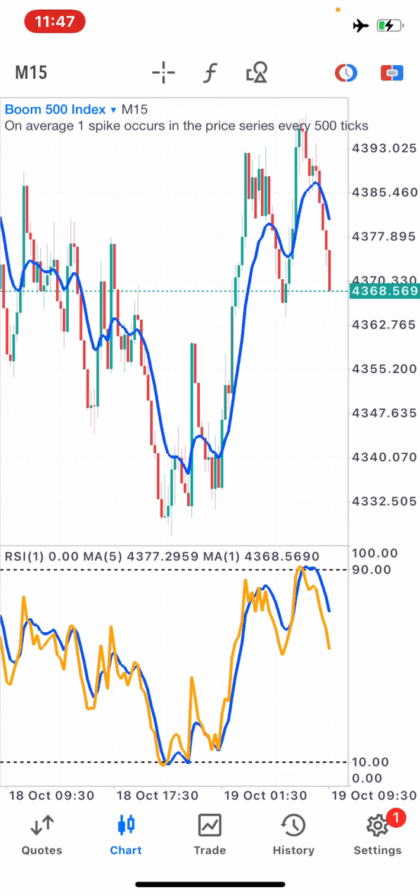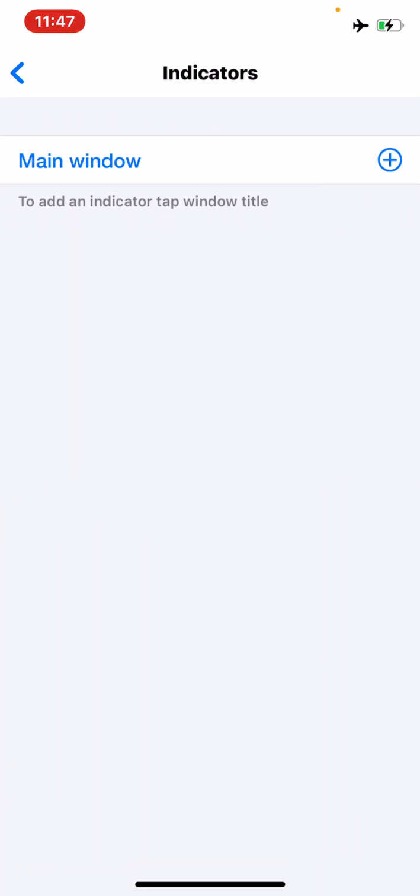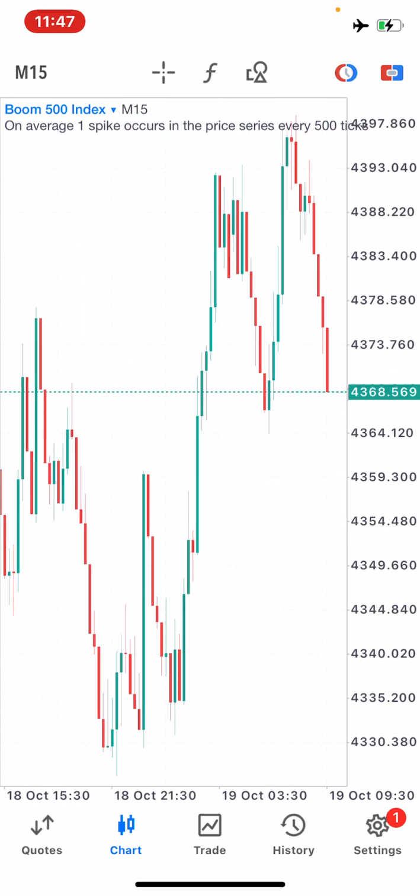So what I'll do right now is go to indicators and remove all the indicators that I have, until I'm left with this blank chart, and we're going to start afresh on installing this strategy.